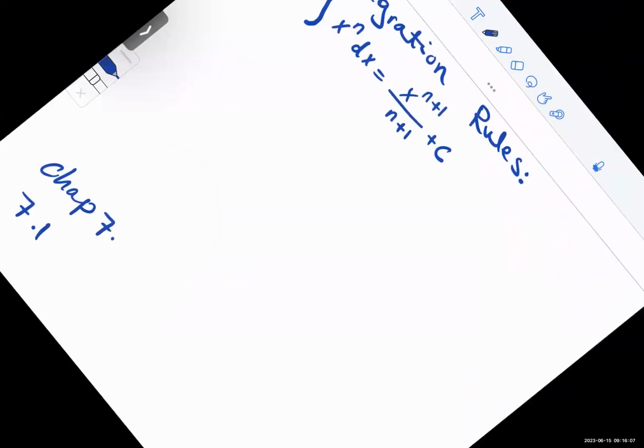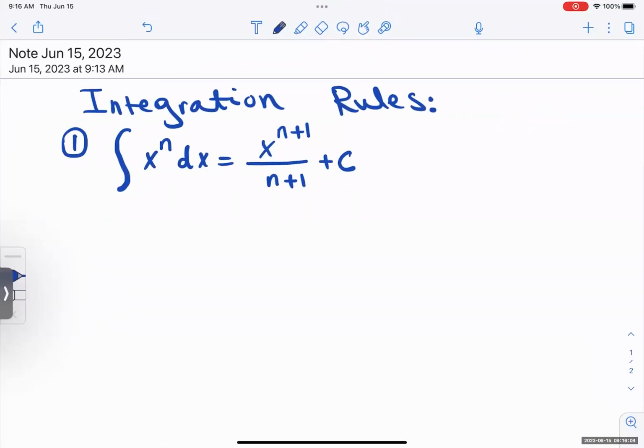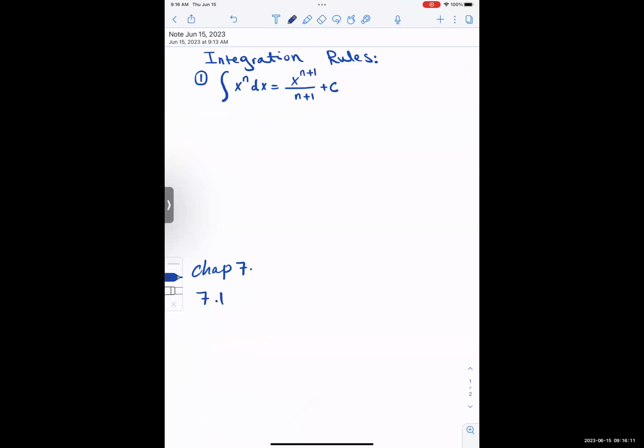You're basically adding 1 to the power and dividing by that power. 2, integral of 1 over x dx. What is that equal to?